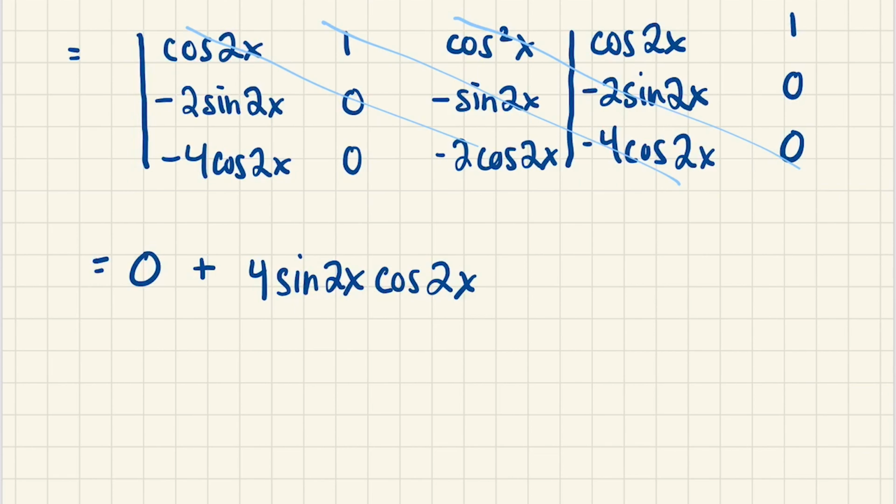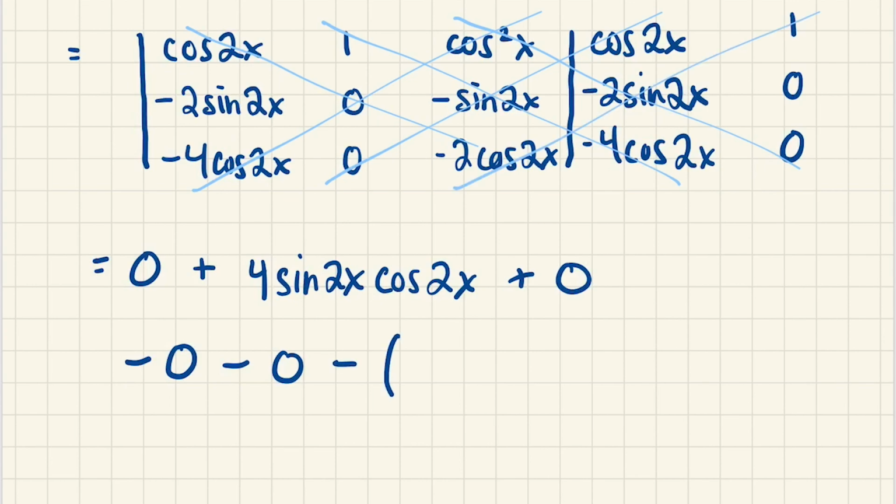We're going to add in 0 again. And now for the anti-diagonals, we're going to be subtracting. So here we're going to subtract 0. And subtract another 0. And we're going to subtract the product of these things, which will be, we're subtracting positive 4 cosine of 2x sine 2x.